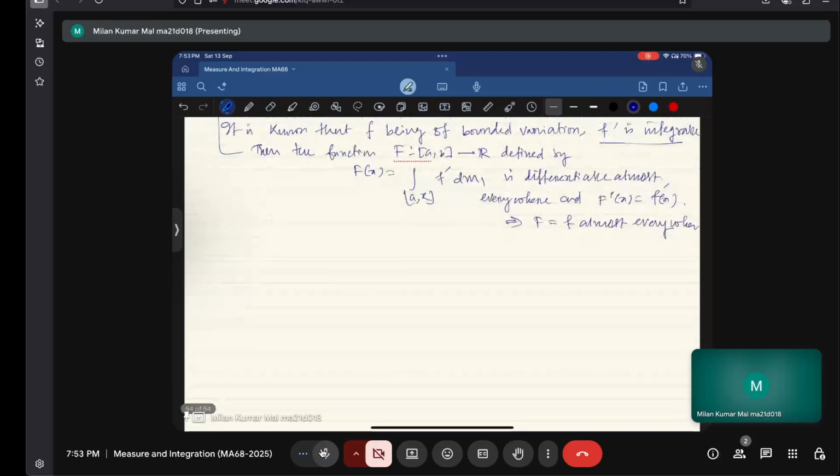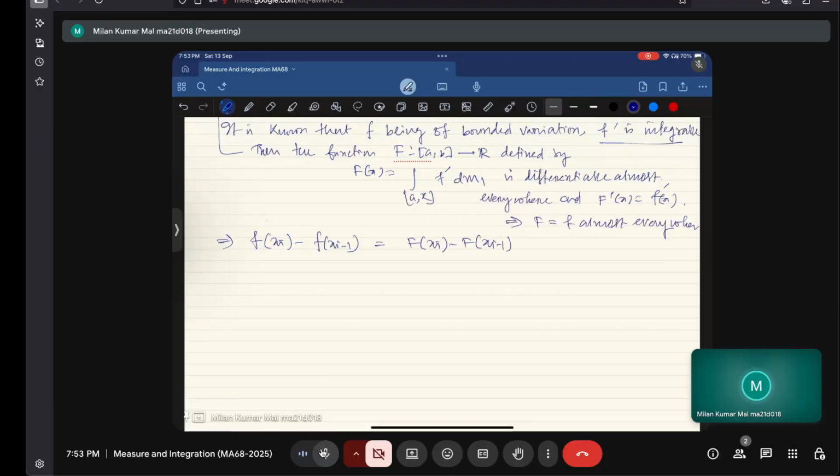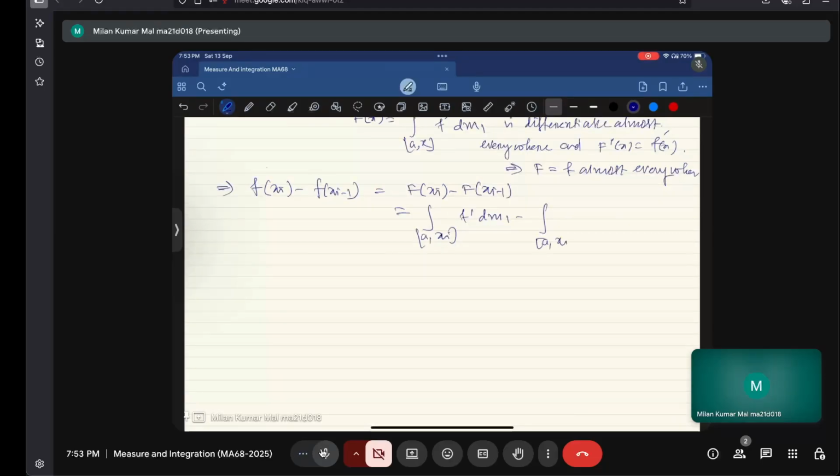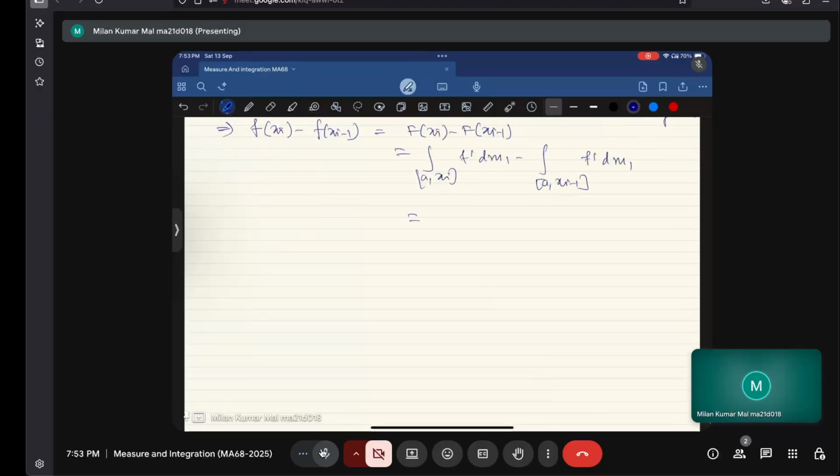And this will give f of xi minus 1. This will give integration a to xi of f dash dm1 minus integration a to xi minus 1 of f dash dm1, which will give integration xi minus 1 to xi of f dash dm1. So this is what it is.